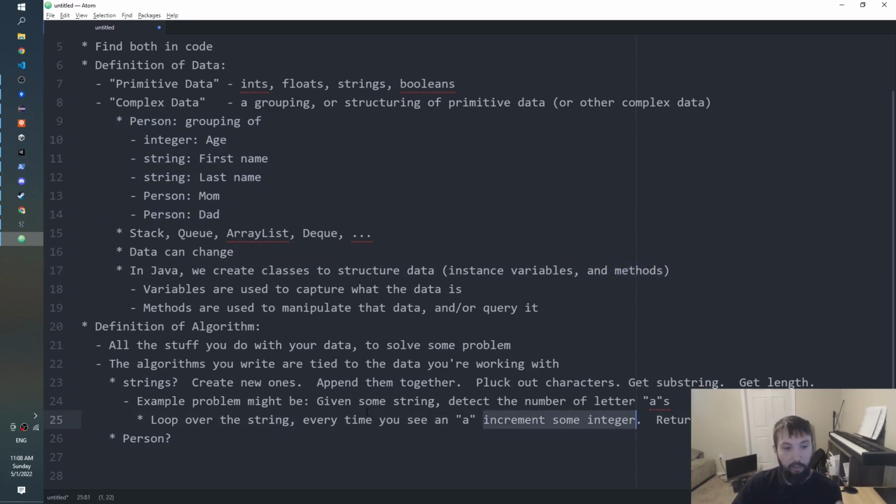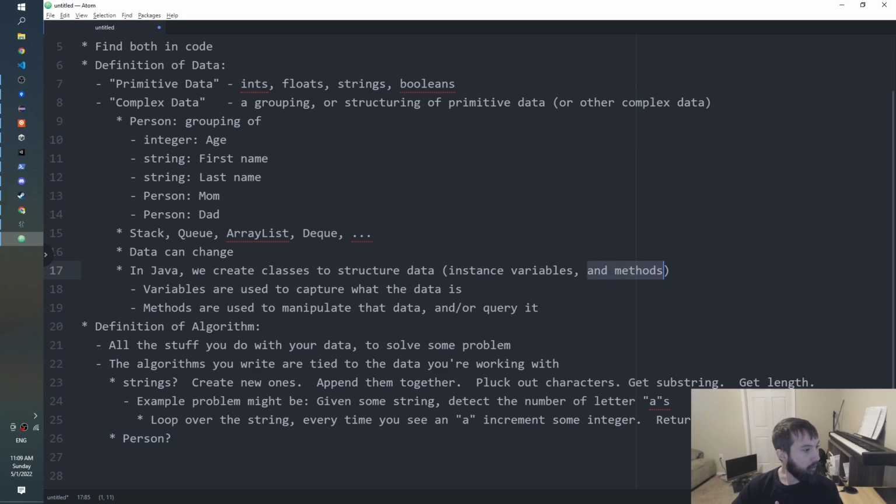We know with strings we can loop over them and detect characters in them. Those are things we can do with integers and strings. But persons are things that don't just come with Java. You have to define your own person class in order to be working with persons. So the things you can do with a person depend on the methods that you define in your person class.